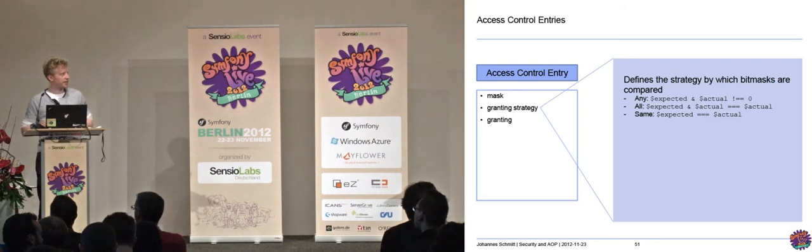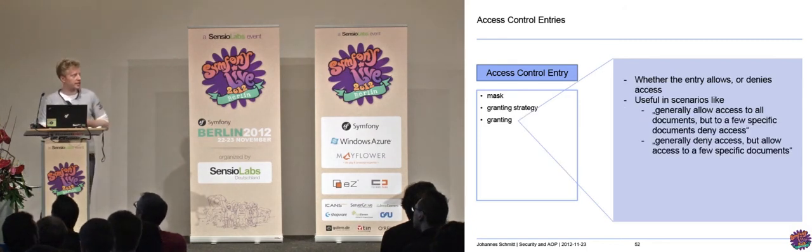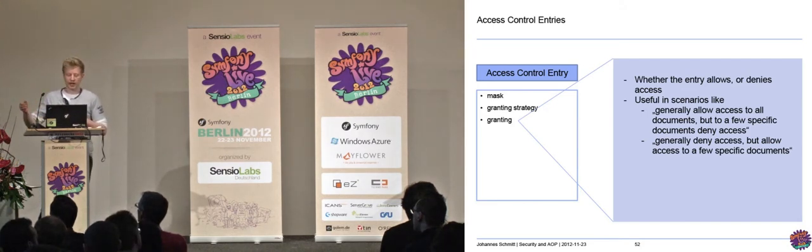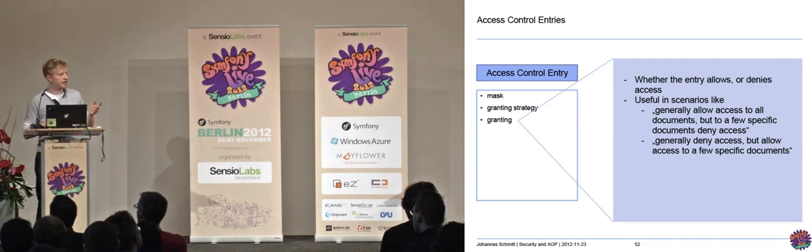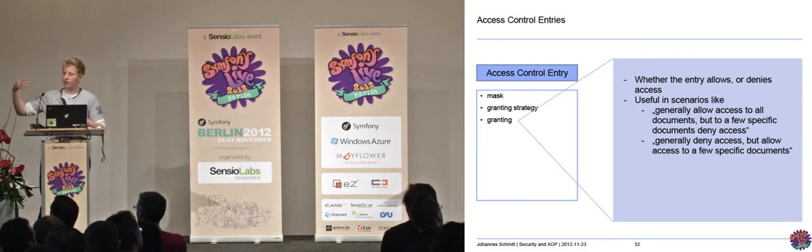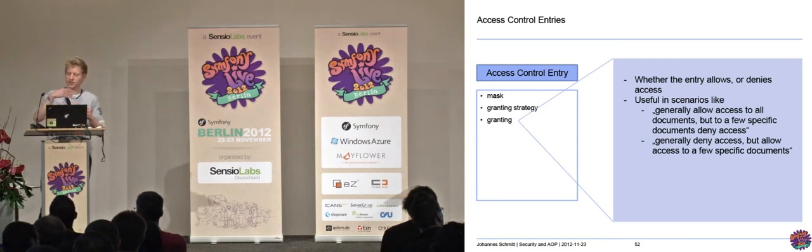And lastly, you can also say whether an entry in the access control list should allow access or should deny access. That is useful for the scenarios that I have mentioned earlier, where you, for example, generally want to allow a user to access all documents, but for a few documents you want to disallow it and want to deny access.